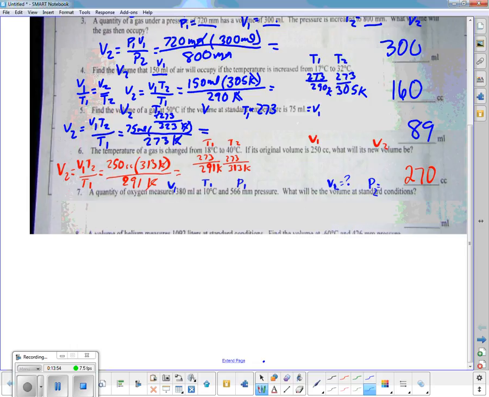Pressure would be what? I want to use the same units, 760 millimeters. And what would my temperature be? 273K. Good. All right, so we do need to add on 273 to this, so it would be 283K, right? Everybody okay? So combined gas law, what is it?